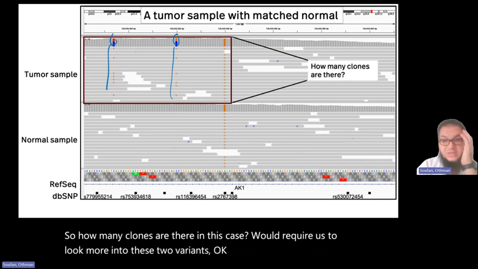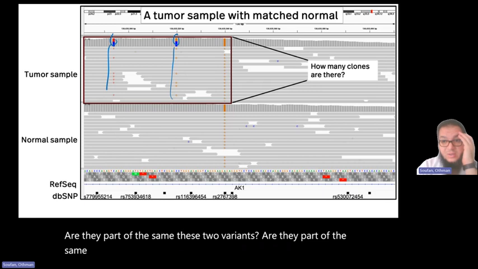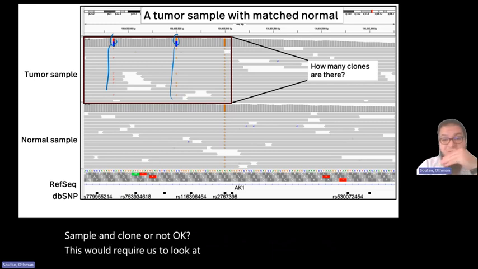In other words, are these two variants part of the same sample and clone or not? This would require us to look at each single read or strand.